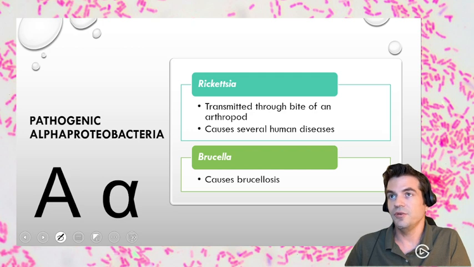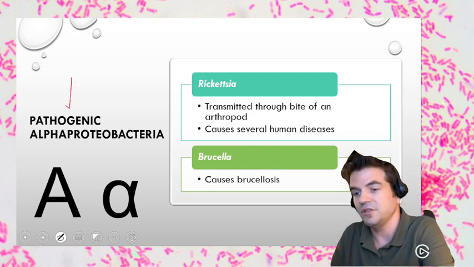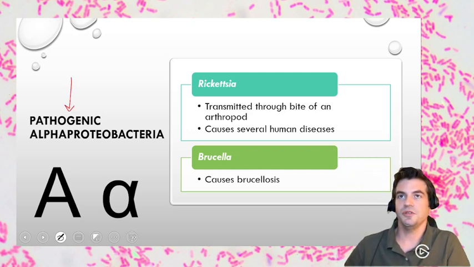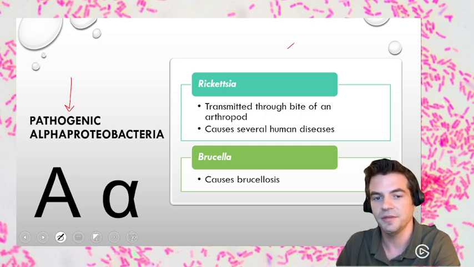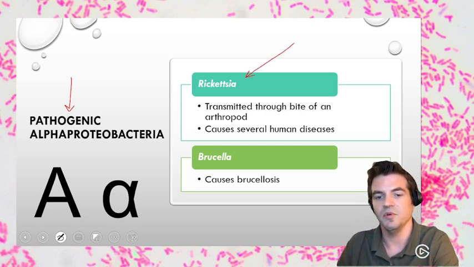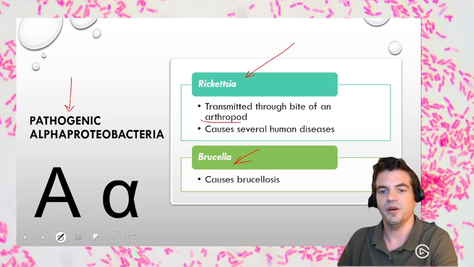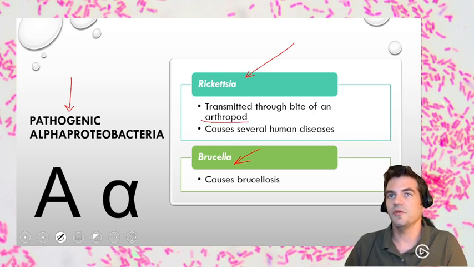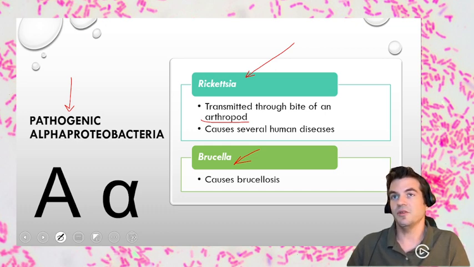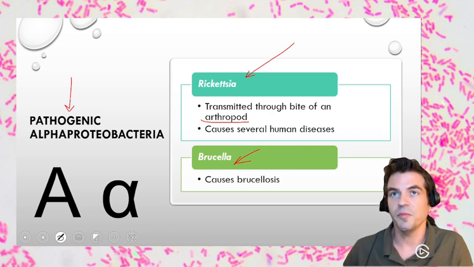There are 2 that can cause disease, and that's what this term pathogenic means. So the 2 you would really want to know are rickets, okay, and brucella. Okay, rickets, we mentioned arthropods in lab yesterday. Arthropods are insects, and because we have the term mites, that's why we're generally calling them arthropods instead of insects.